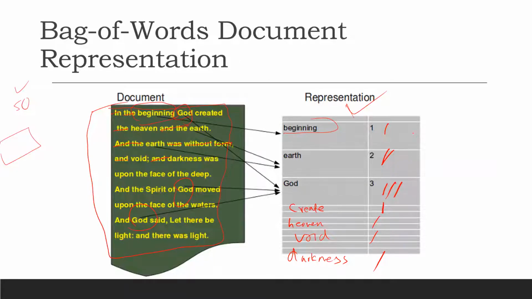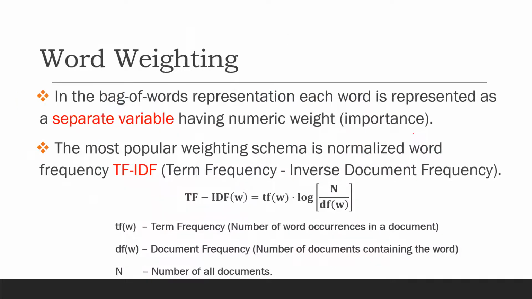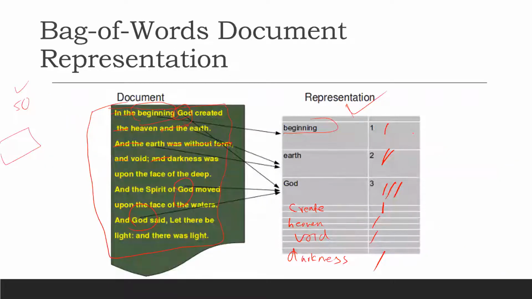It's very important for calculating the weights. In the weights of the words, each different word is considered a separate variable. This is one separate variable, this is one separate thing. Create is separate. Heaven is separate. Void is separate. Darkness is separate. So we need to find the weights for each word.